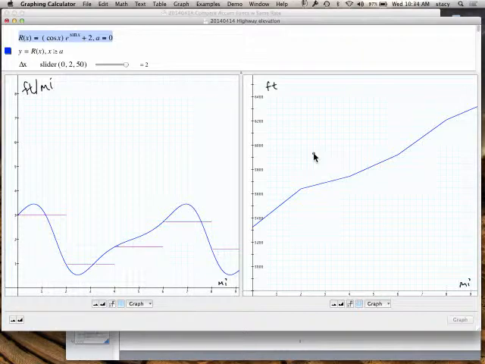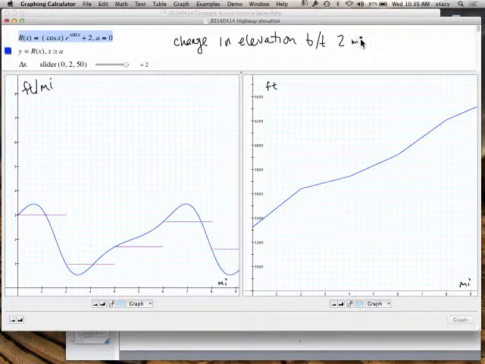Okay, so what I would like you to do is tell me two ways that I can describe the change in elevation between 2 miles and 7 miles.